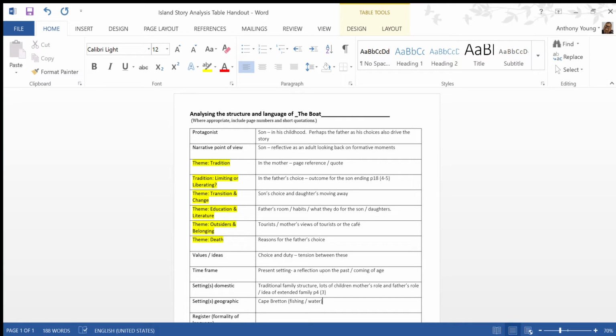Might be more useful for text response than it is for the creative, but these notes can be used for either. And we're talking about it's from the Midwest. Okay, so in that the story is being told about Cape Breton from the Midwest of America. So the idea that the sun has moved on from that location and moved somewhere else is important.